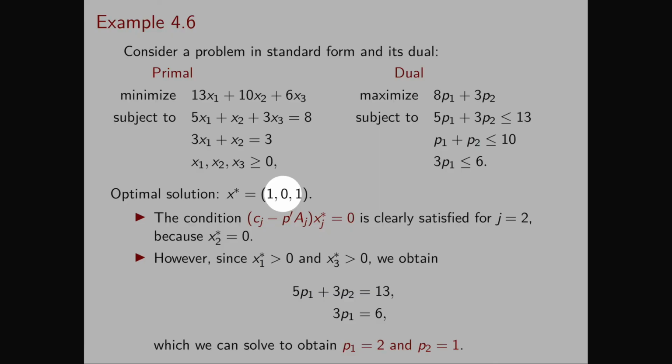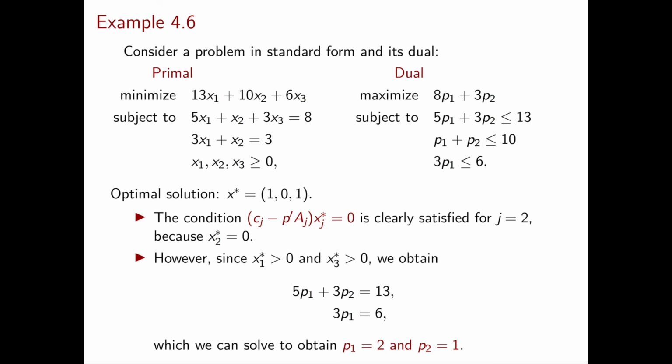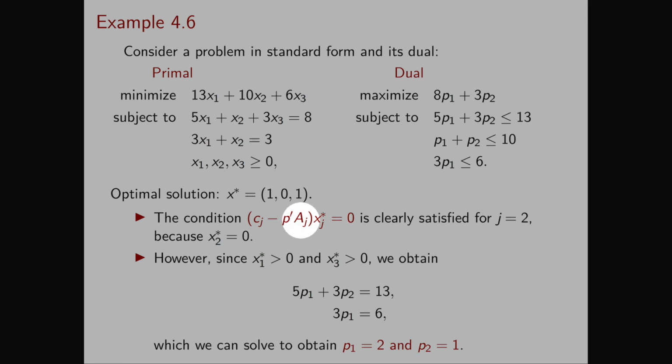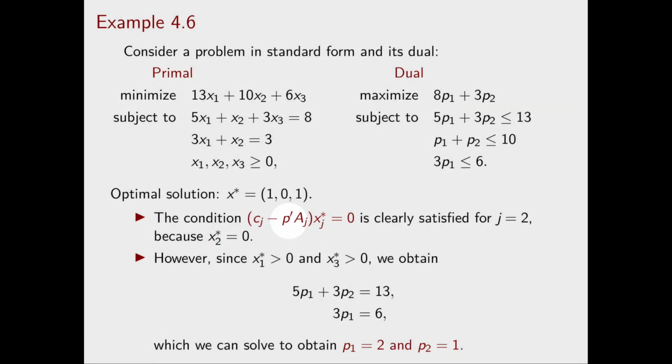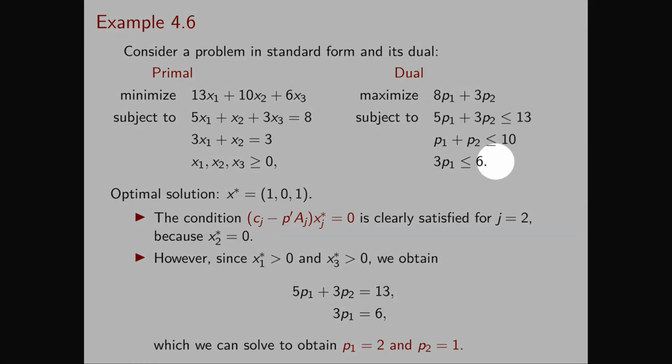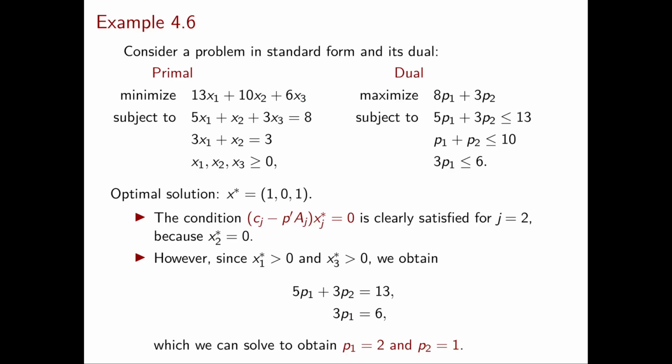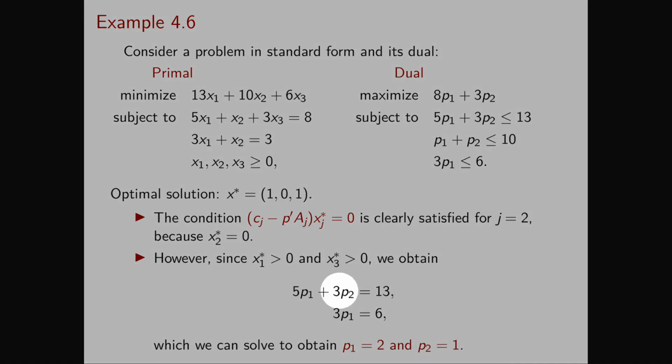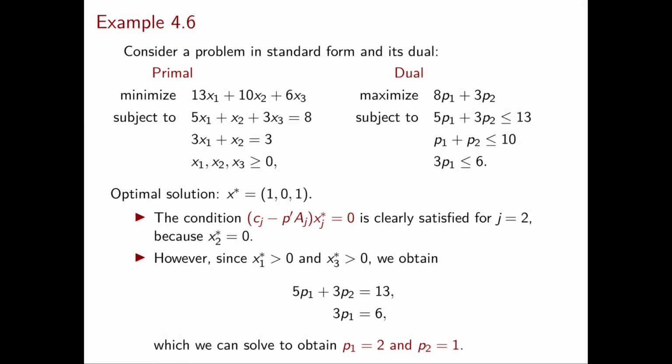On the other hand, the first and third components of x star are strictly positive. Therefore, the complementary slackness condition implies that the first factor is equal to 0. So we obtain that the first and third constraints of the dual must be satisfied at equality. If we write it down, we have 5p1 plus 3p2 is equal to 13 and 3p1 is equal to 6.